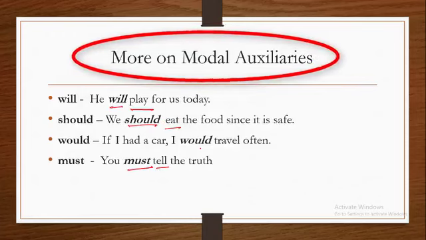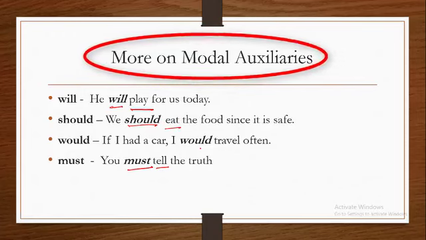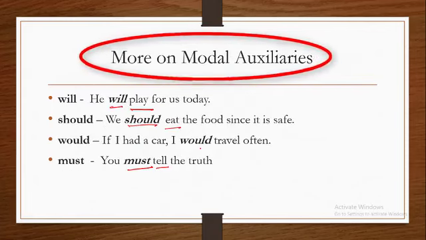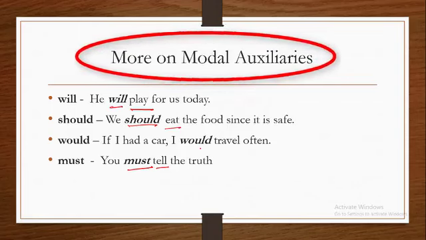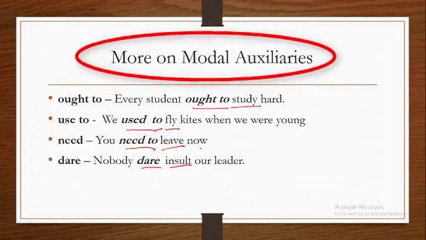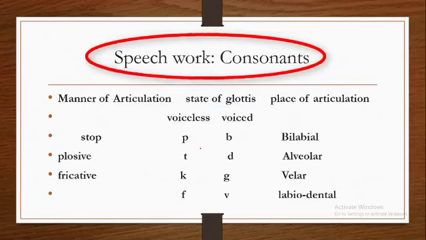The same thing applies for will, trying to help play; should, trying to give meaning to it; must, trying to give meaning to what? I can say you tell the truth. But if I want to give more information, I can say you must tell the truth. I can say every student studies hard. But if I say every student ought, it changes the meaning entirely. Alright, so that is that.